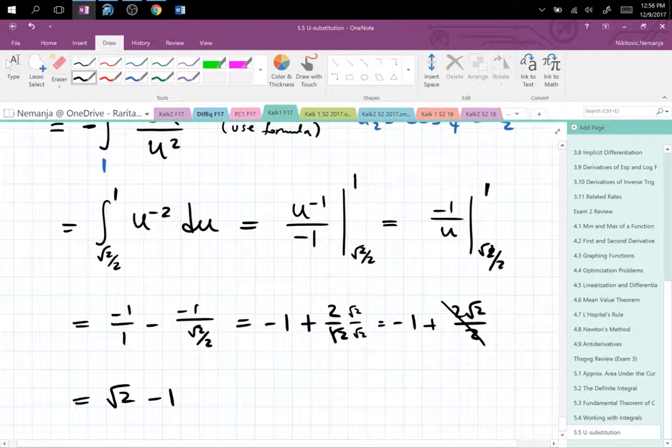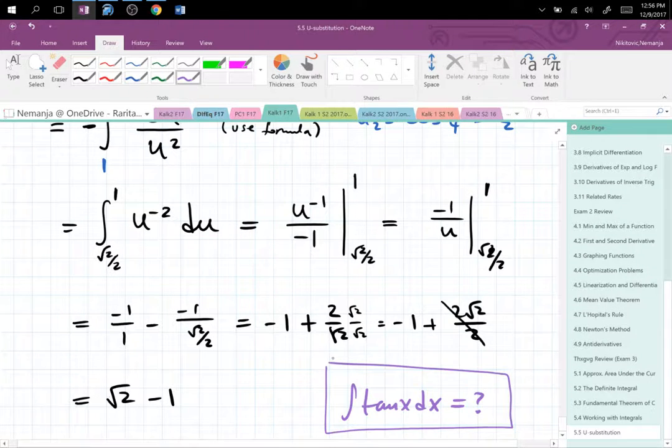Now, in the light of this problem, I'm just going to write it here in purple: what is the integral of tangent x dx? I'm just going to leave it there. Like if I was to give you another exam, I'd put that as 3b. How do you integrate this?